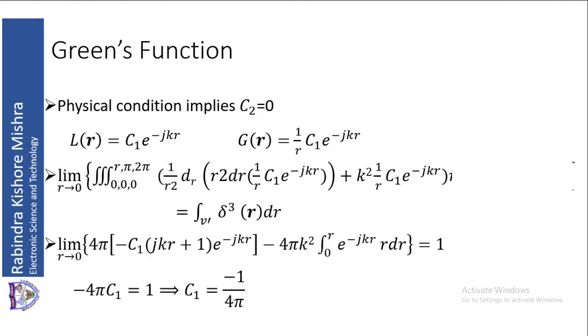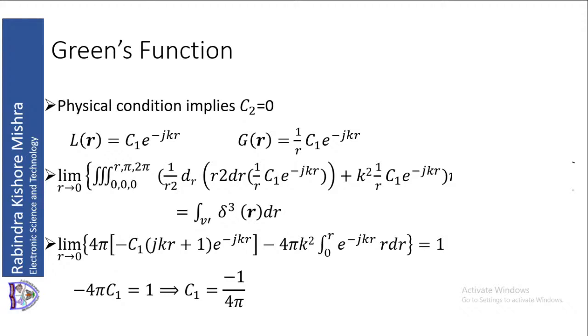If that is what G(r) is, then we are left with the choice of finding C1. From physical conditions we have seen C2 is equal to 0 because there is no inward propagation. And we are left with the choice of C1. We have to find out what C1 will be.